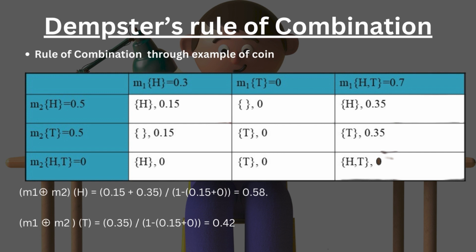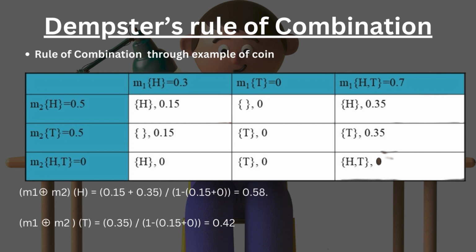Similarly, we have calculated all the cells, and each is an intersection of the two different sources. For example, in the second column, where it is equal to the empty set, which is 0.15, it means that the intersection of the second column and the third row, that is tail, does not have any common proposition.